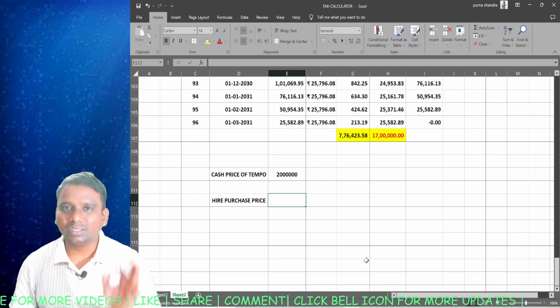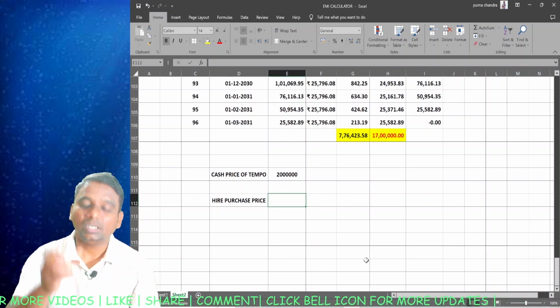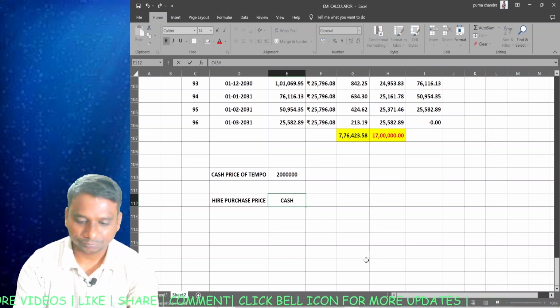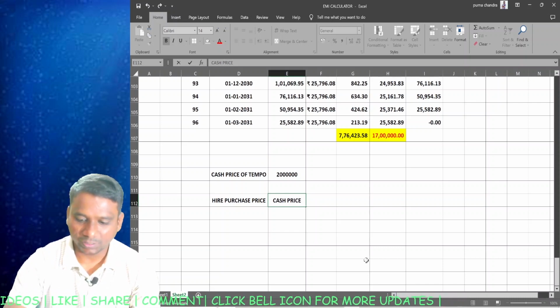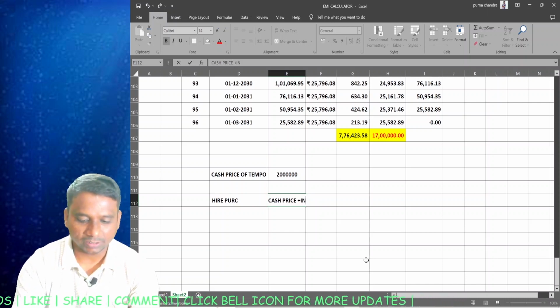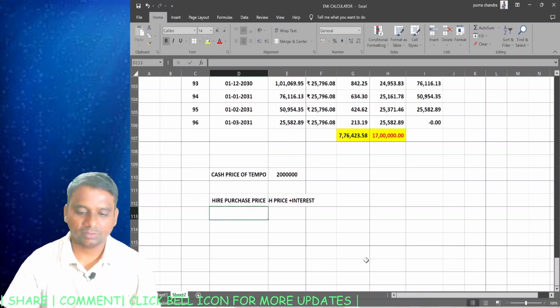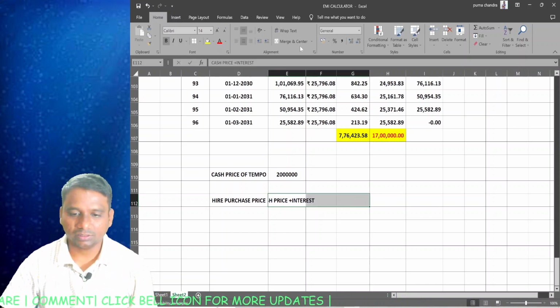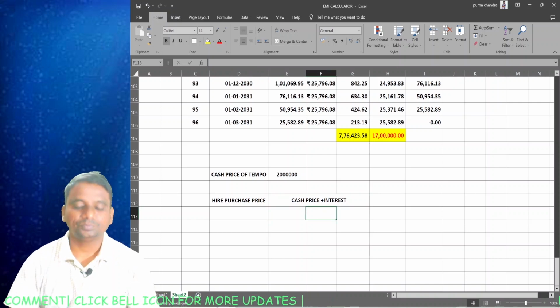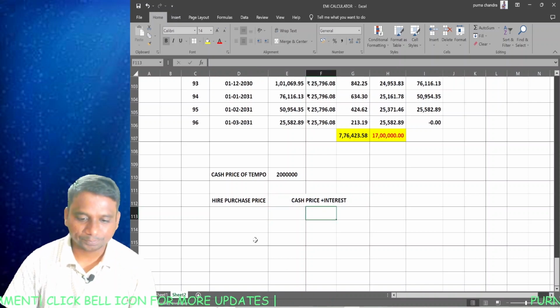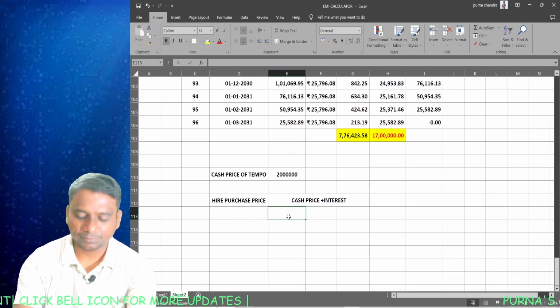So this hire purchase price includes cash price plus interest. Cash price plus interest. Understood, everybody?